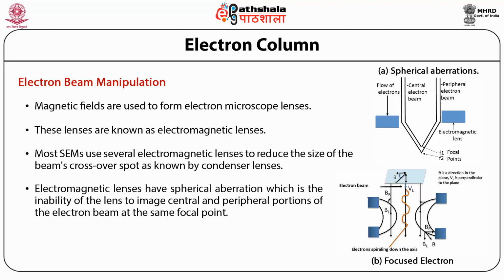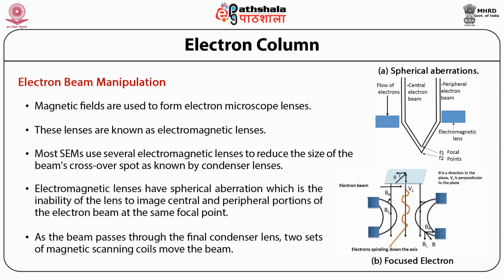Electromagnetic lenses have spherical aberration, which is the inability of the lenses to image central and peripheral portions of the electron beam at the same focal point. This is plotted in figure 4a. As the beam passes through the final condenser lenses, two sets of magnetic scanning coils move the beam.